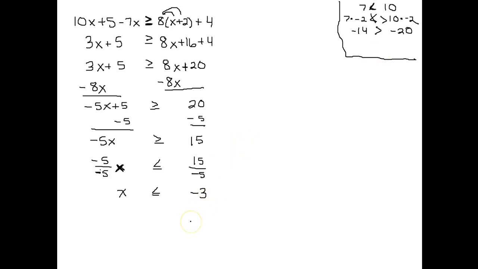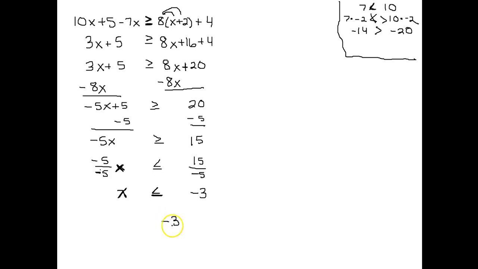All right, now, as I said, solutions have to be put in interval notation. Our solution set is every number you can imagine for x, as long as it's less than negative 3 or equal to negative 3. So it can be negative 3 or it can be anything less than that.